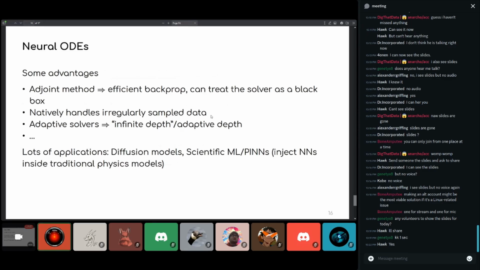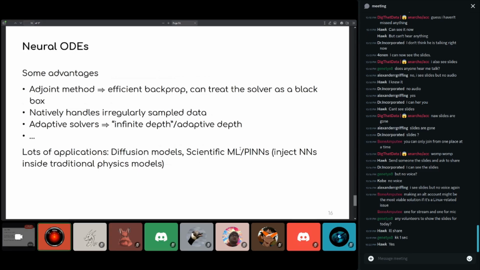Another thing is that I mentioned basic Euler solvers, but typically ODE solvers are a bit smarter because they adapt the step size. They look at the computed estimation of the error, and based on that they can decide, oh, here I can take a larger step, here I have to make a smaller step. So these are called adaptive solvers because the step size adapts as you go along.